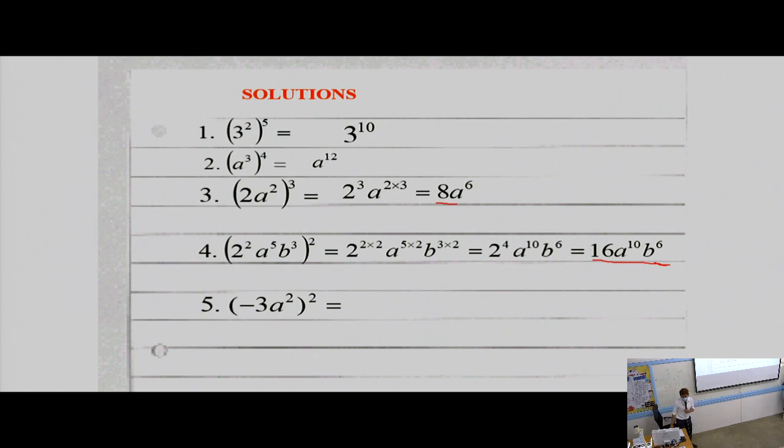Again, negative 3 to the power of 2, a to the power of 4. Now, what is negative 3 to the power of 2?